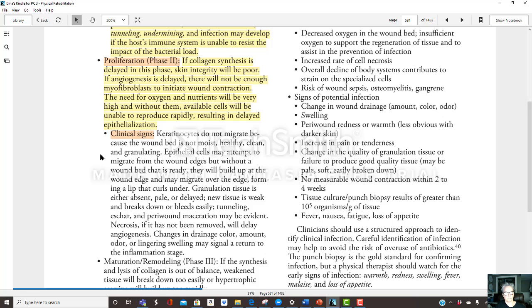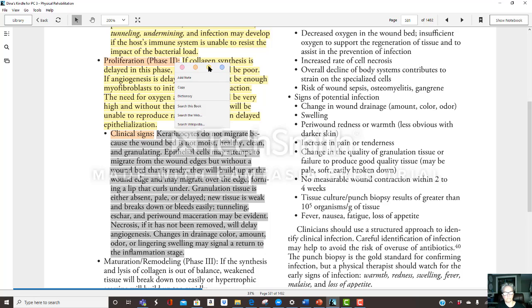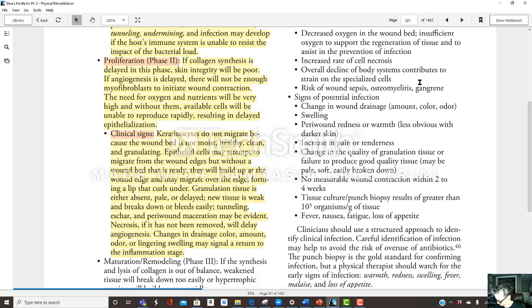Clinical signs: keratinocytes do not migrate because the wound bed is not moist, healthy, clean, and granulating. Epithelial cells may attempt to migrate from the wound edges, but without a wound bed that is ready, they will build up at the wound edge and may migrate over the edge, forming a lip that curls under.